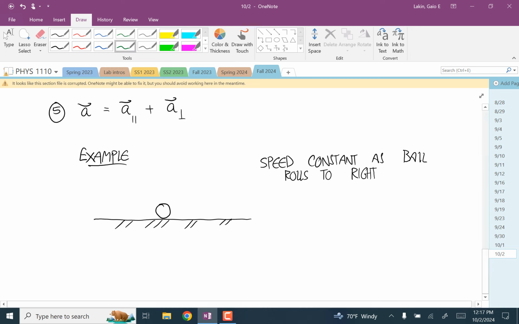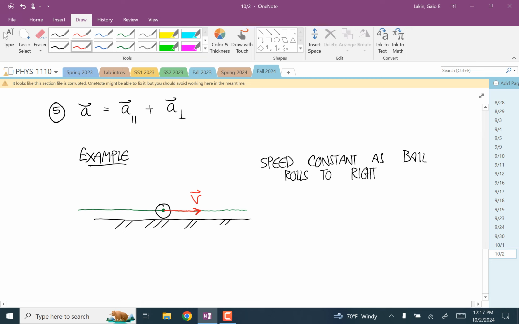Okay, I'm going to draw the path of the center of the object. So there's the path. And that green dot right in the middle is what we're thinking of as the object, because we're treating everything like a particle. The velocity is tangent to the path in the direction of motion. So there's the velocity vector.